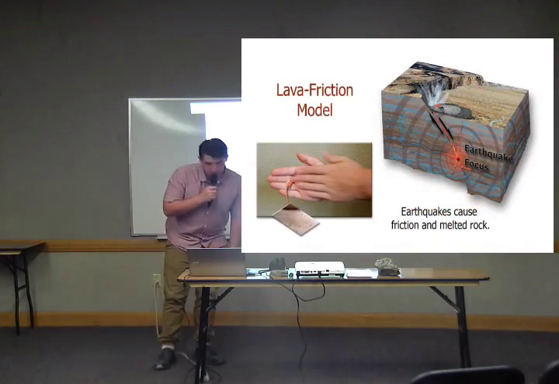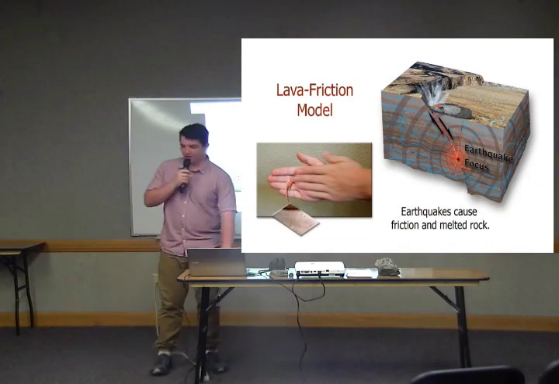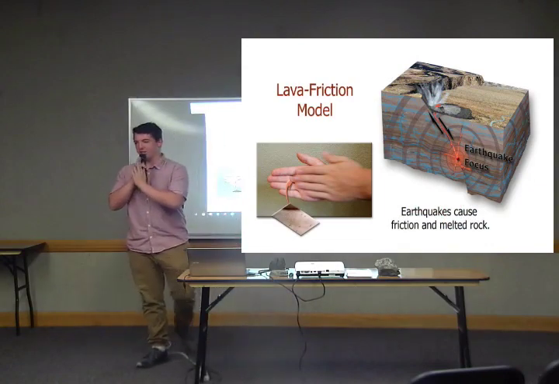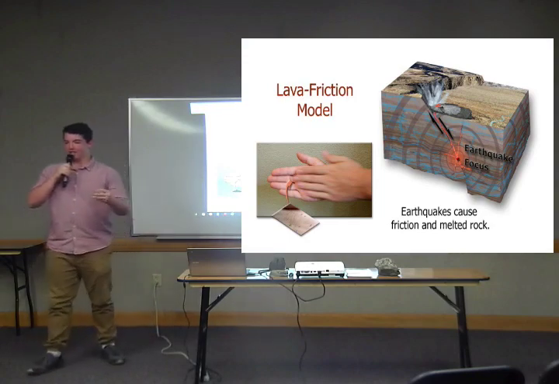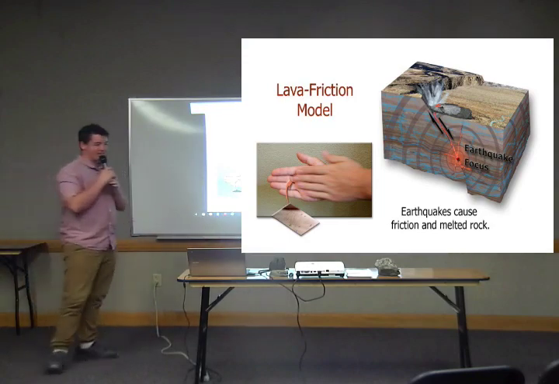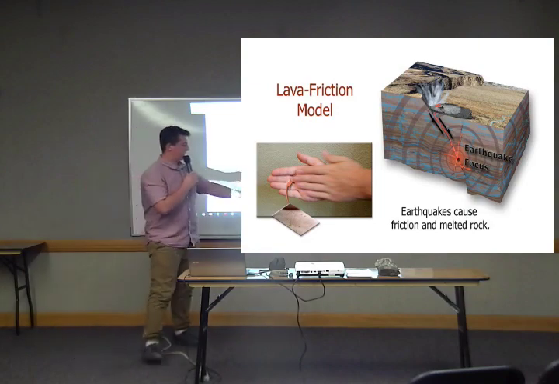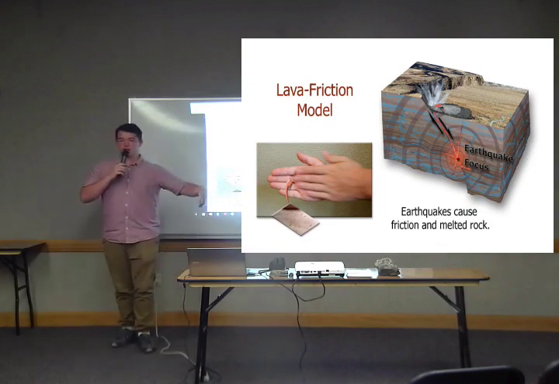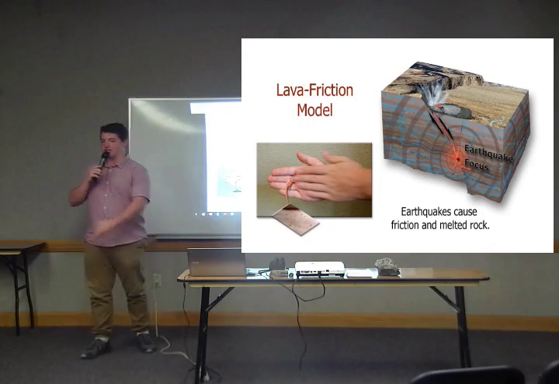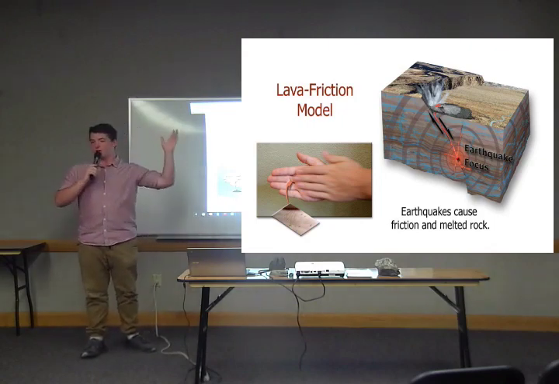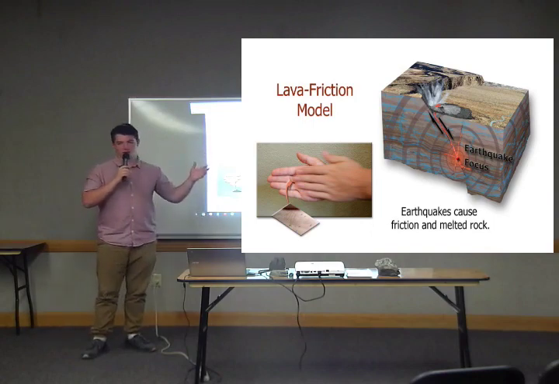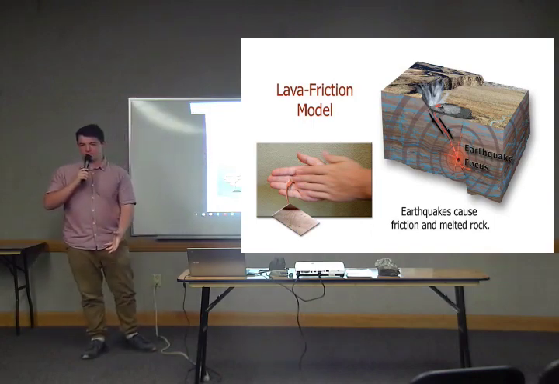It's called the frictional heating model. If you've ever rubbed your hands together really, really hard like that, you can feel them heating up, right? Well, this is where we kind of get lava. You might have the question: if there's water in the earth, where does lava come from? Like when the volcanoes explode and it goes up, where does the lava come from if it doesn't come from inside the earth?